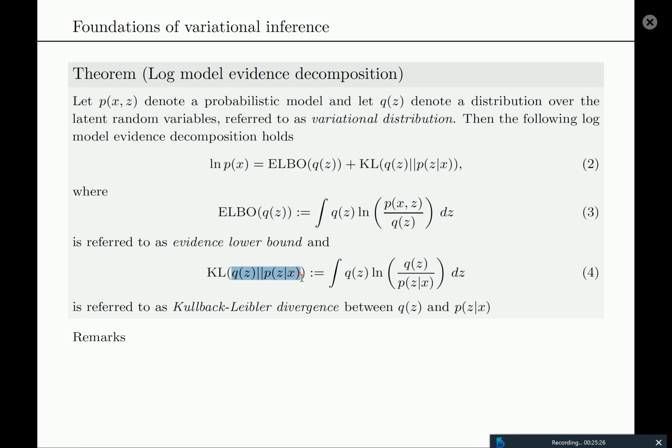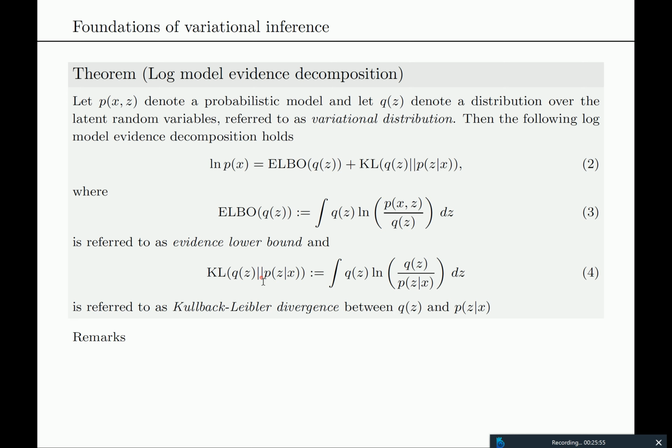As you see, I also don't write the ELBO as a function, because then I would have to talk about what the domain of the ELBO is, and that's the set of probability density functions, so I would have a function space. The KL divergence is defined on a tuple of probability density functions, and one could view it as a function of two arguments, two probability density functions.